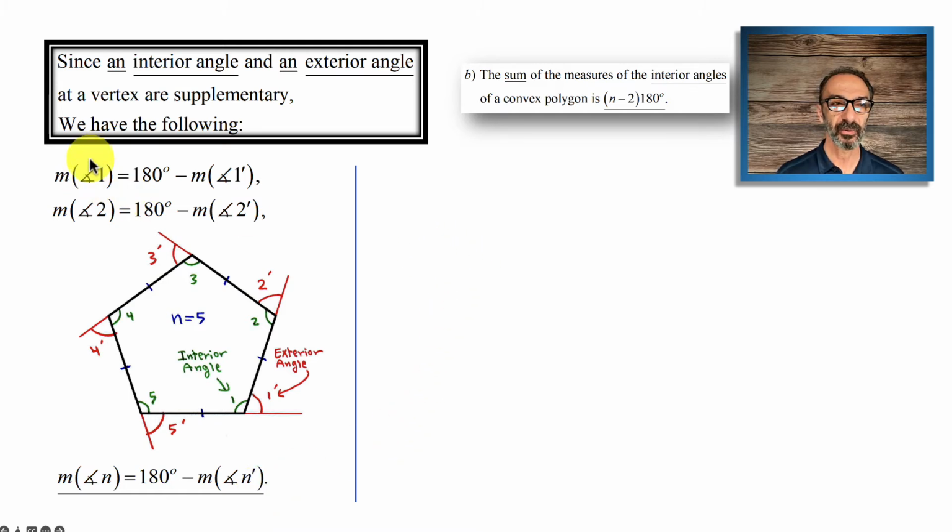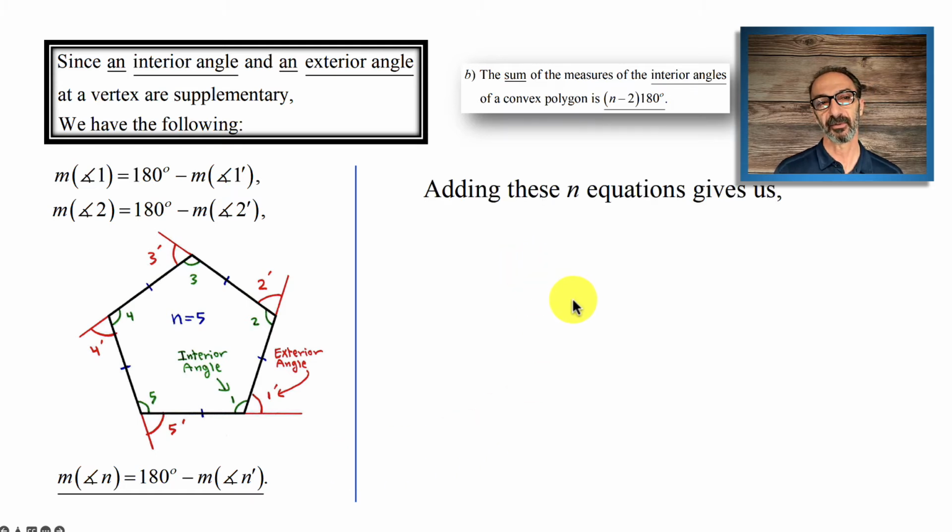Now if you add all the left side, which is the measure of angle 1 and 2 and 3 all the way to n, that's my left side. And if we add the right side, we get 180, 180, all the way. We keep adding 180s. How many times? n times. And we subtract m1 prime, m2 prime, measure of n prime at the end.